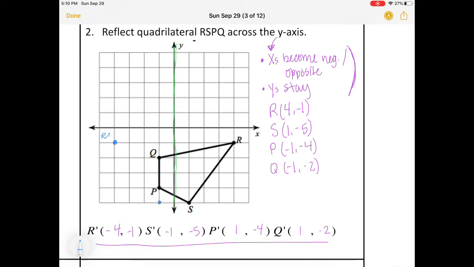Okay, that is S prime. (1, -4), that's P prime. And then Q prime is (1, -2). Right? You can connect them because it's hard to tell if they're in the right spot if you're not connecting them.